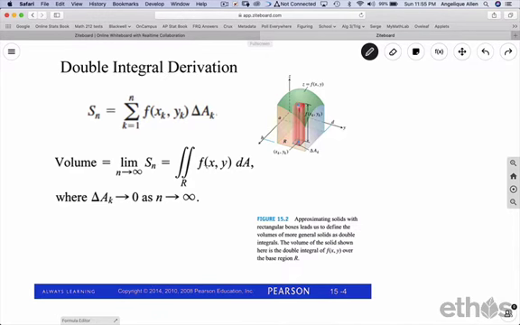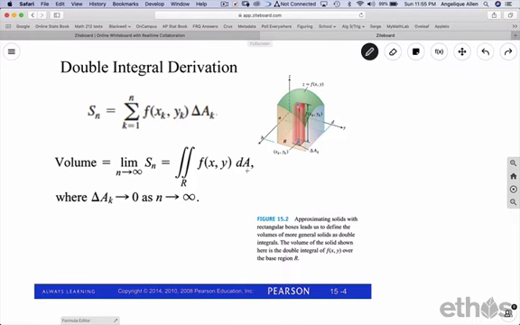So I want you to realize this f of x y is a z value. It's a height. So if you'll notice here, this blue dot is the height of this rectangular column here. So we've got the change in area as dx dy times the height gives you a piece of the volume underneath this green curve, but sitting on top of the xy plane.